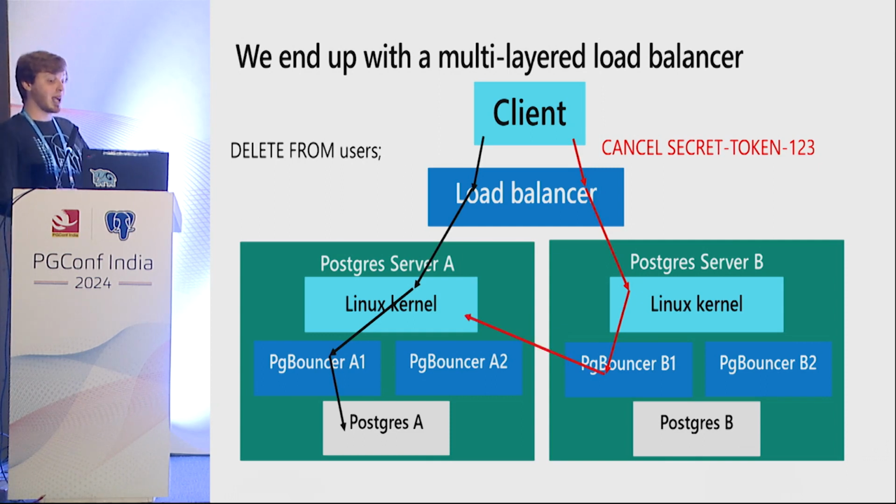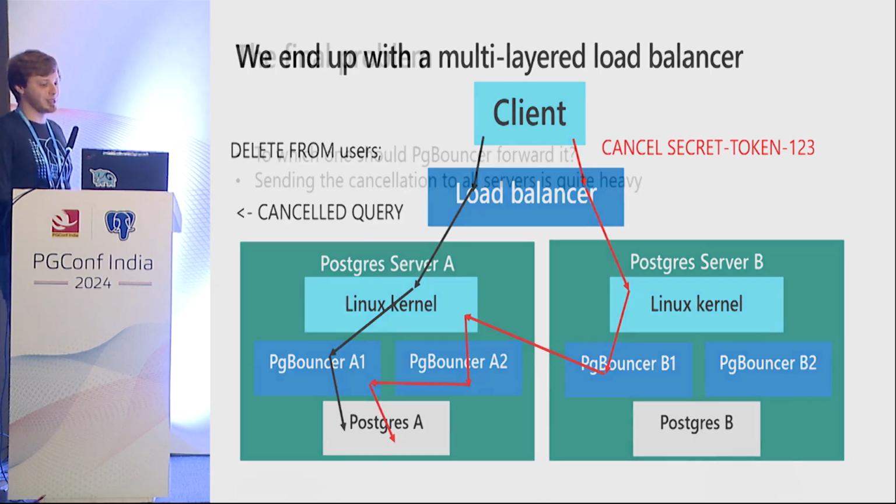That will then forward it back to the Linux kernel. And then if you're unlucky, it might go to the wrong PgBouncer. And then that PgBouncer can forward it again to the right PgBouncer on the same machine. So after taking this very long path, at some point the cancellation token got to the place where it needs to be, which is Postgres, because your query is cancelled.